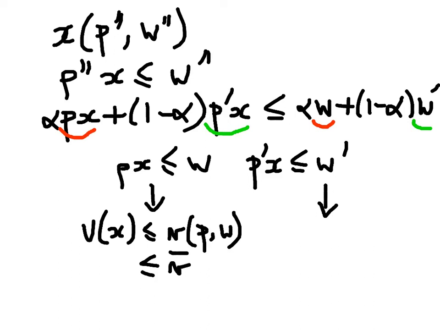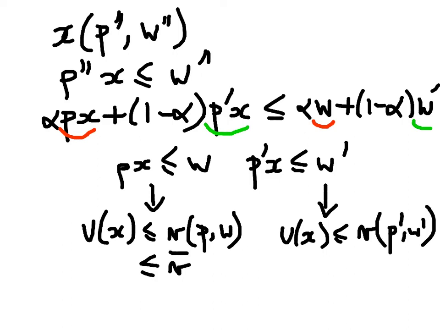And if X is available at the price wealth combination P prime, W prime, we have the same reasoning here, that it is less than the maximum utility available at P prime, W prime, which we know is also less than or equal to some level.